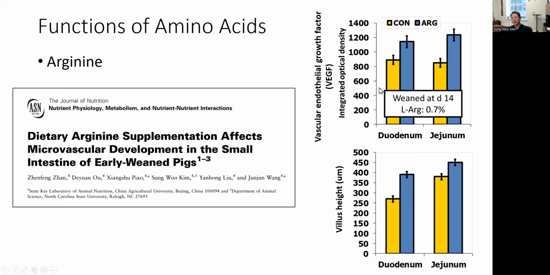Okay? So this is one example of research showing the functionality of arginine when arginine is fed to animals that conditionally require the supplemental arginine.